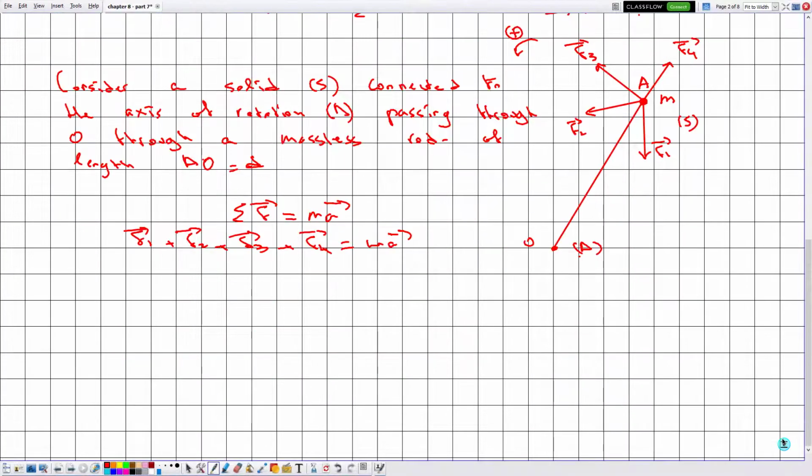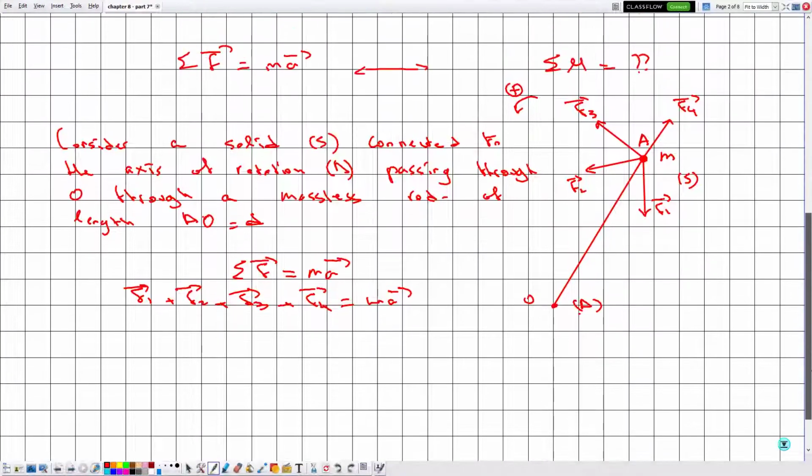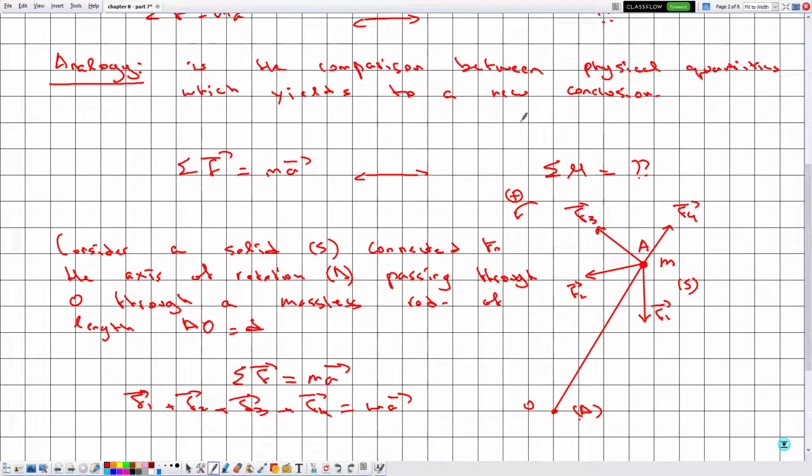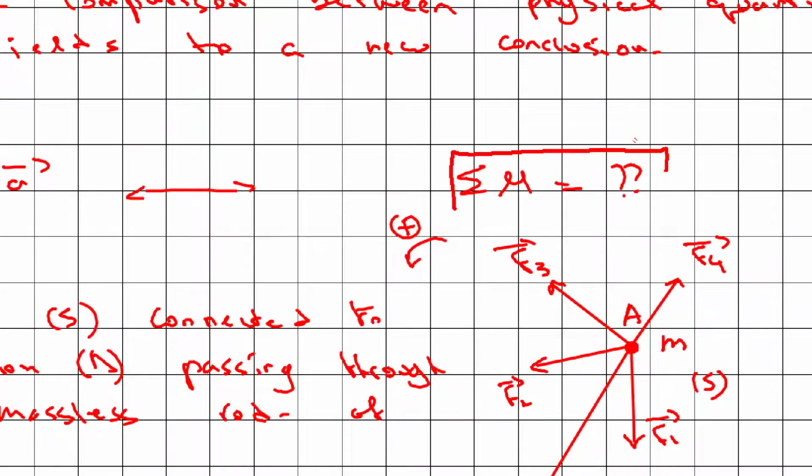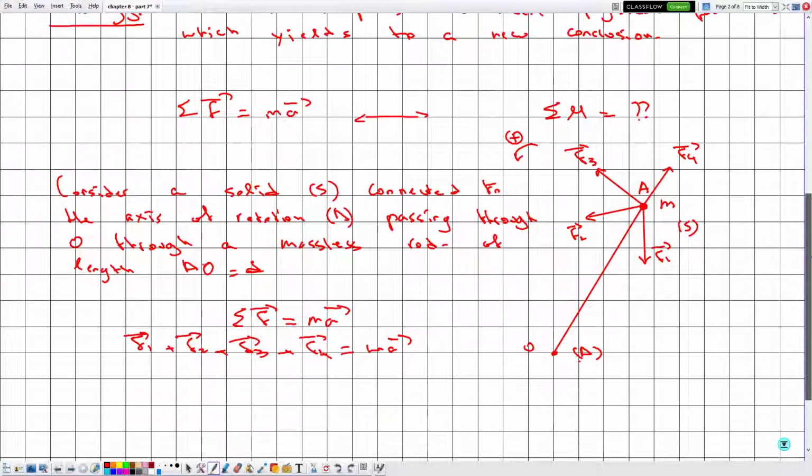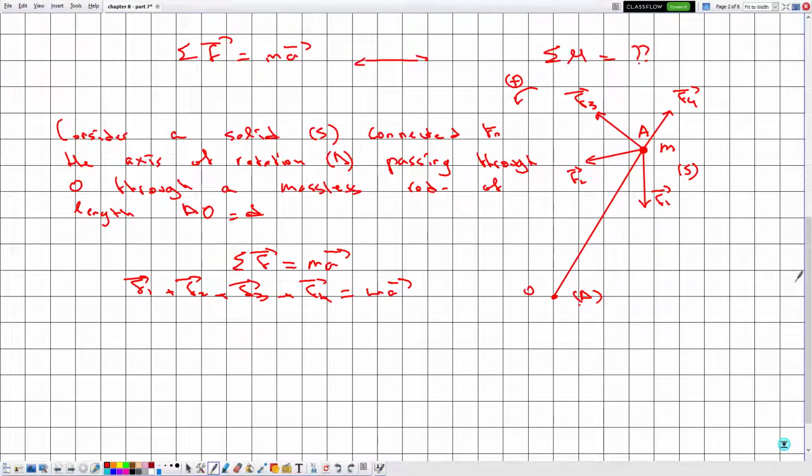Now recall that we want to reach this form, which is related to the rotation. We don't know how to solve vectorial equations. The only way that we know how to solve is using projection. We are free to project along any axis that we want. Usually we project along the x-axis and the y-axis, but till this moment we didn't consider the projection along the tangential direction in such equations. Why am I thinking about the tangential direction?